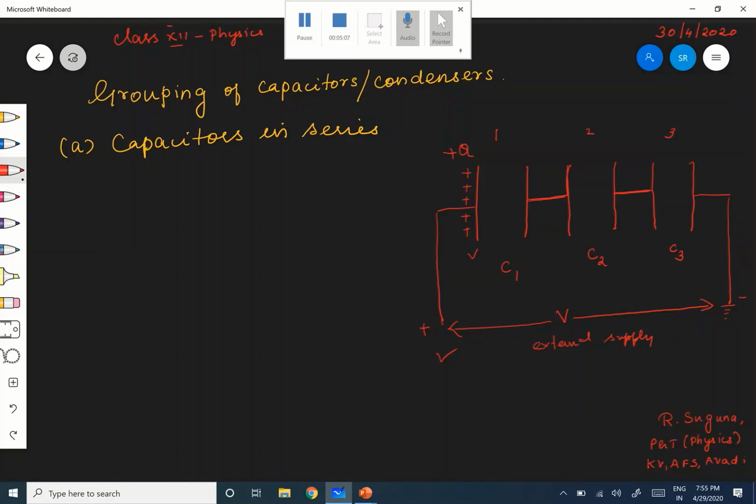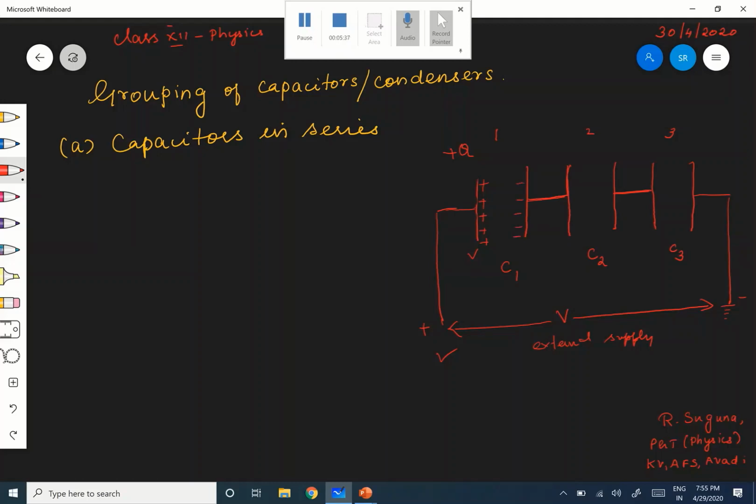Are you following? Once it is given positive charge, you know by induction, since all are metallic plates, the facing plate will become negative.